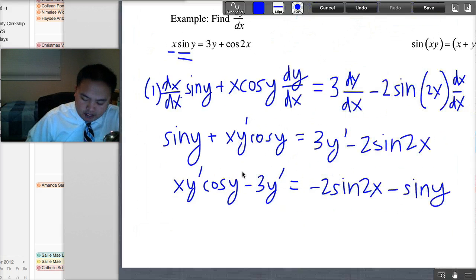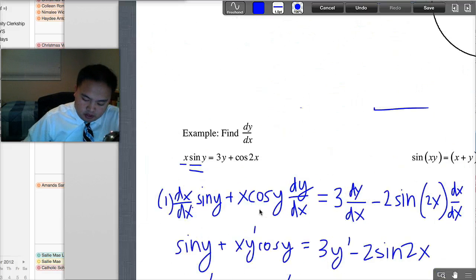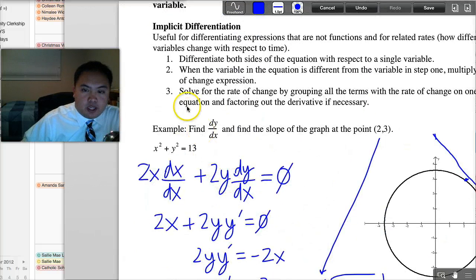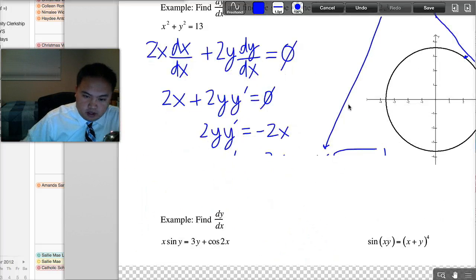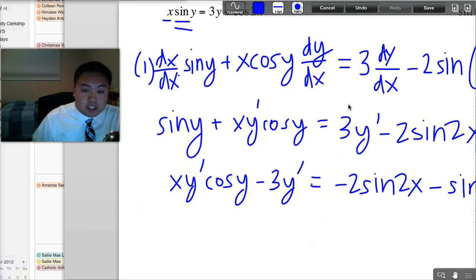The last step is I need to get y prime by itself. Do you see how these two terms have y prime? Well, at the top, number 3, it says let's factor out the derivative if necessary. And this is going to be necessary because I have 2 y primes on the left side, and I need to get y prime by itself, but now I have it in 2 different terms.